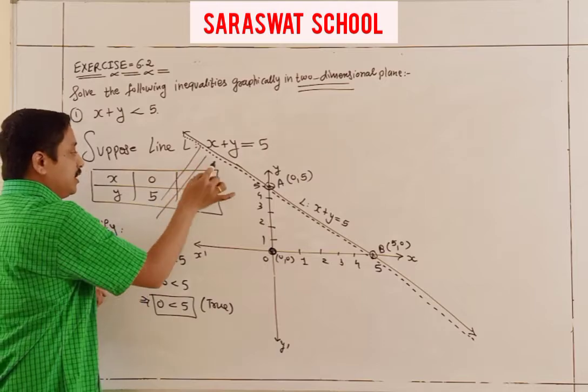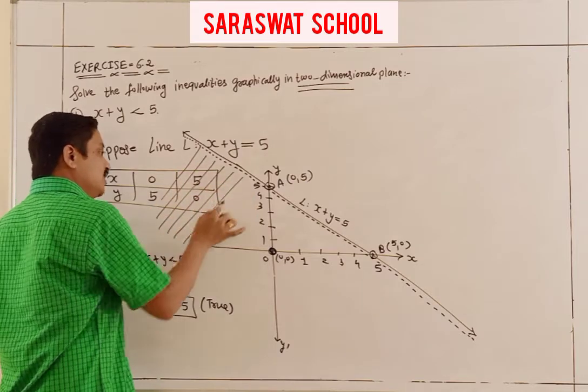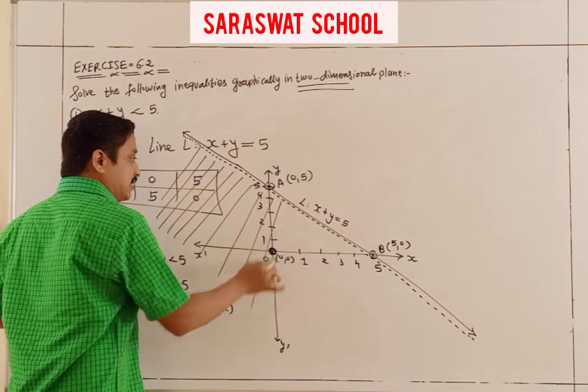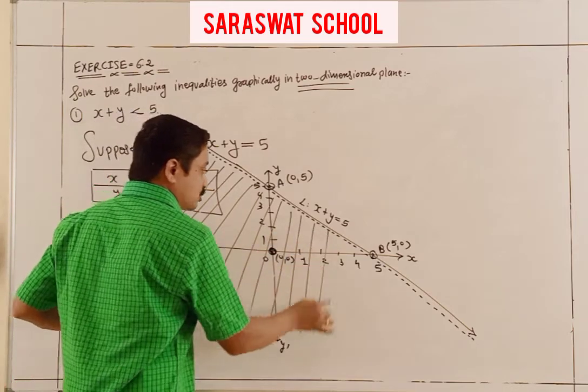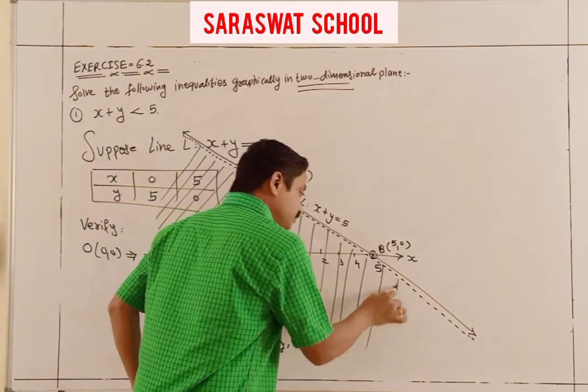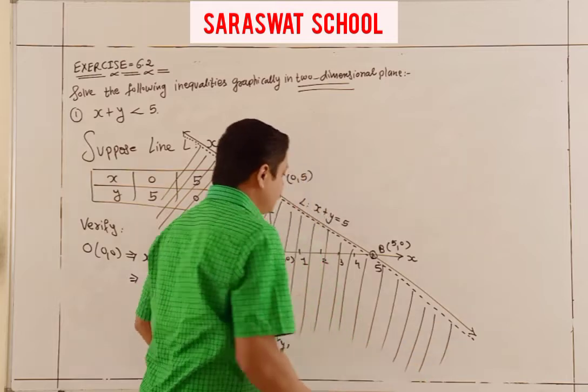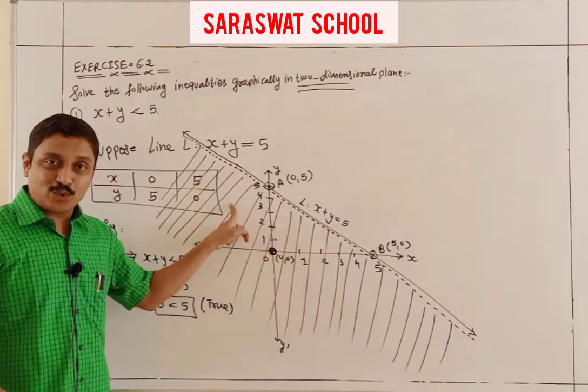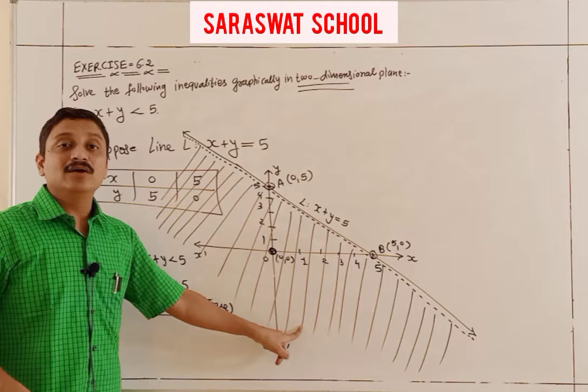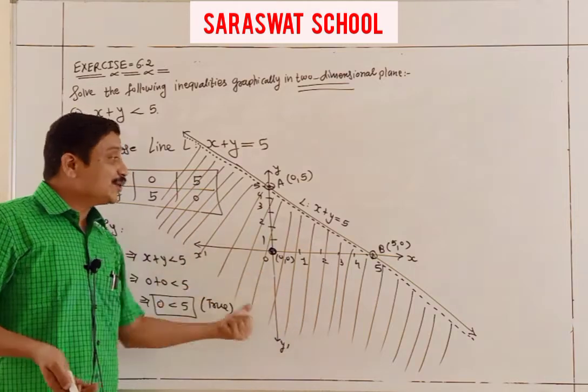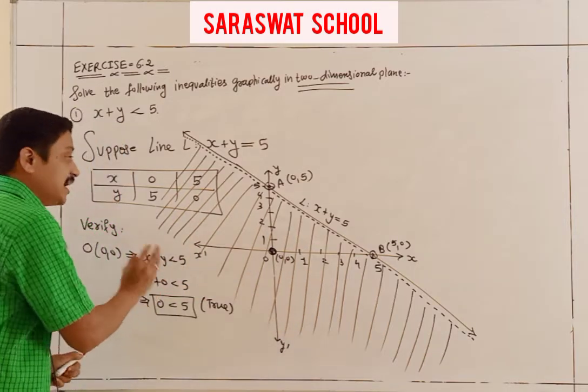You can use a different color pen. This is our shaded portion, in this region, covering the first quadrant, second quadrant, third quadrant and fourth quadrant also. And that's your answer, easily derived.